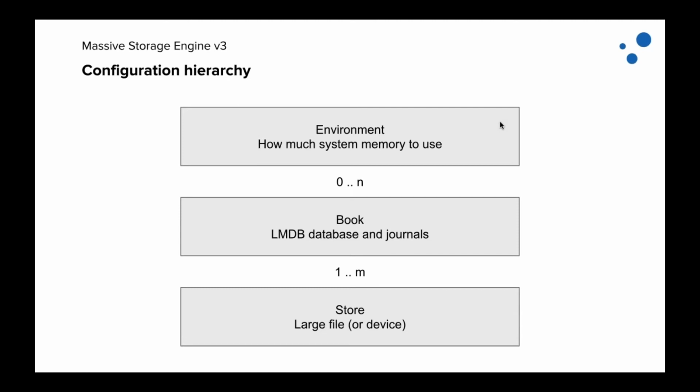If configuring a cache with spindle disks, it will be very beneficial to be able to take at least the metadata, which is much smaller, and put that on solid state drives. So the book is then configured separately from the stores, but they may, if you so choose, of course, lay on the same devices. And then at the very bottom of the hierarchy, there are the stores. That is the actual payload data for the cached objects.